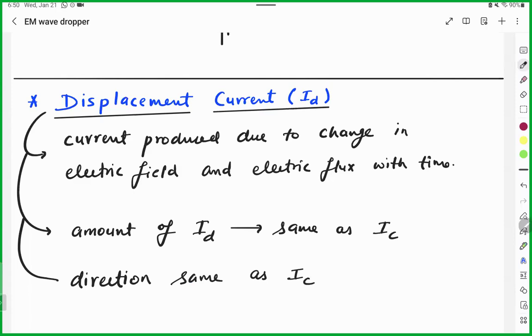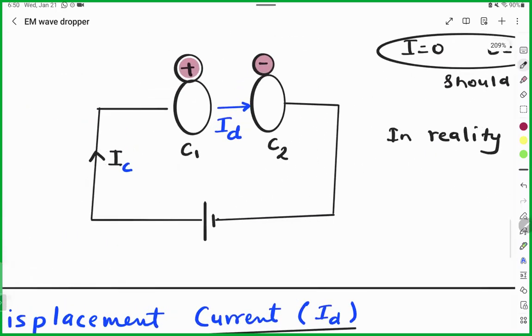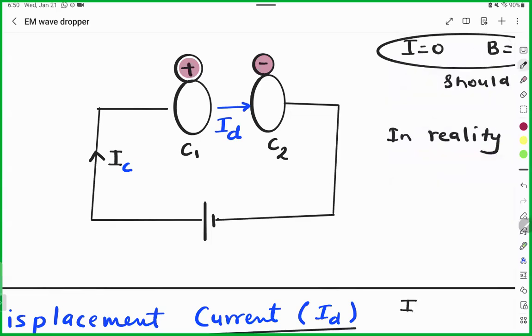Okay. So what does it mean? You can see here, whatever is your conduction current, the same will be your displacement current. One thing: conduction current is equal to the displacement current amount-wise.